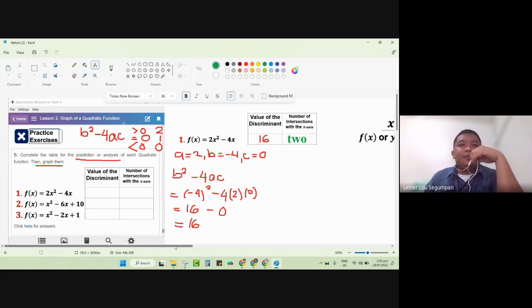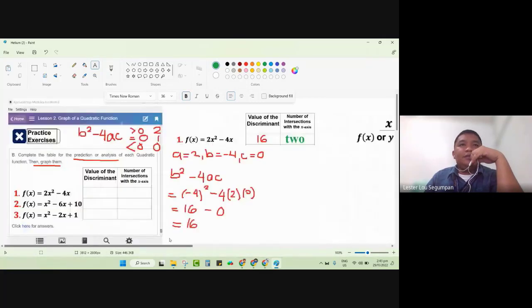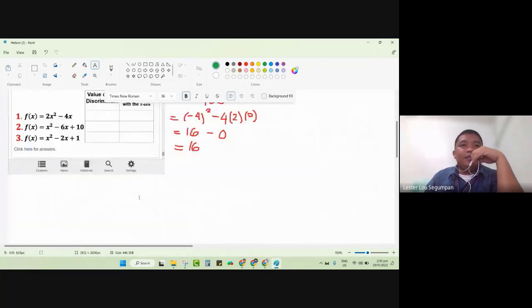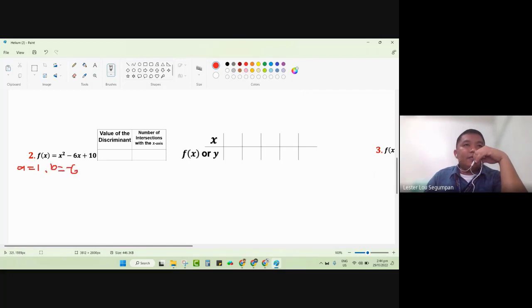Let's proceed to number 2. And again, to determine this, by the way, it's here at the bottom, we also need to use the discriminant. The correct coefficients for this function: A is 1, B is negative 6, and C is equal to 10.